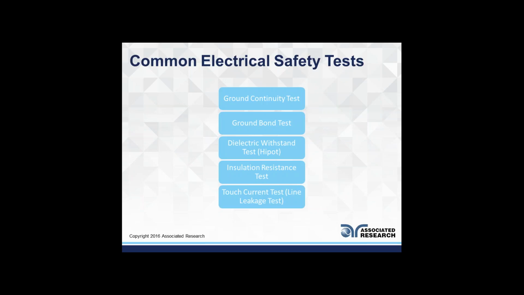In touch current testing, you're making sure that when the device is operating, the end user does not come in contact with any high current. So if a person was to come up and touch an end device or a DUT, they don't feel the shock of whatever is leaking onto the ground pin.